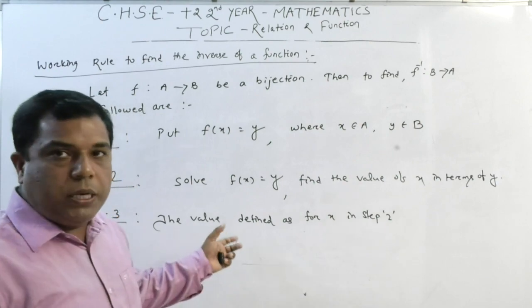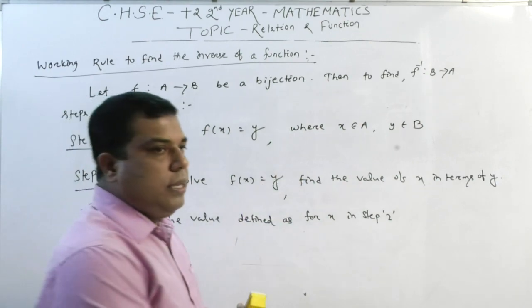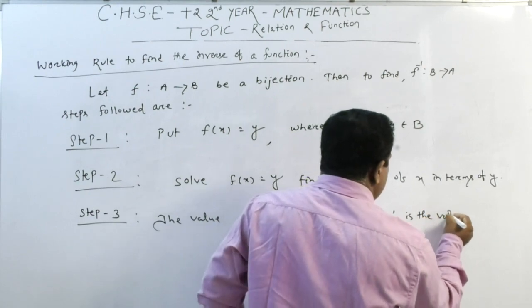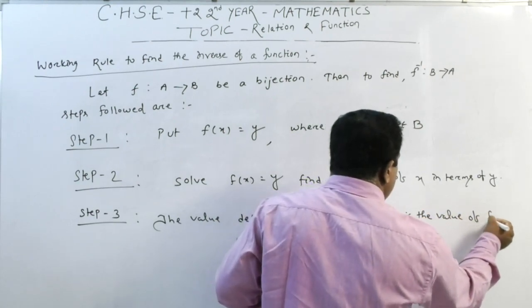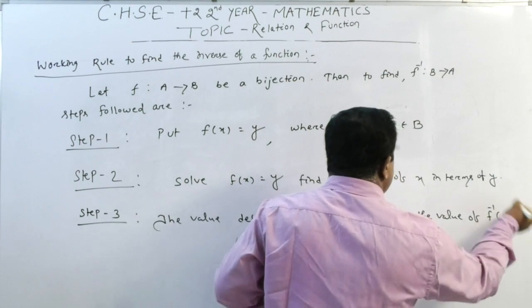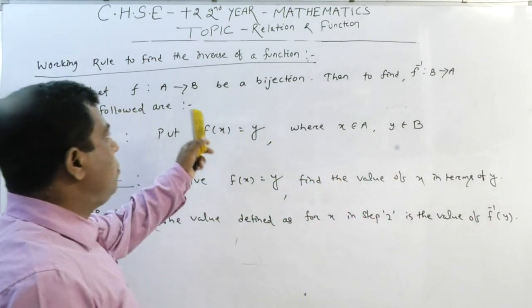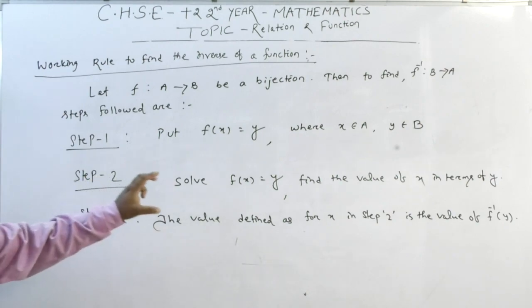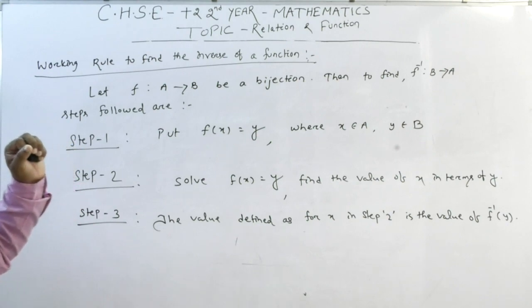The value obtained in step 2 is the value of f inverse y. So this is the procedure to find the inverse of a function. These are the steps to find the inverse of a function.